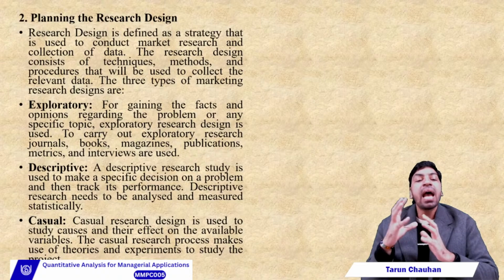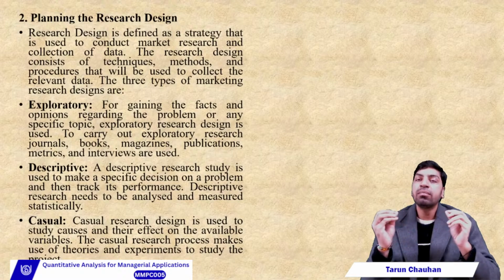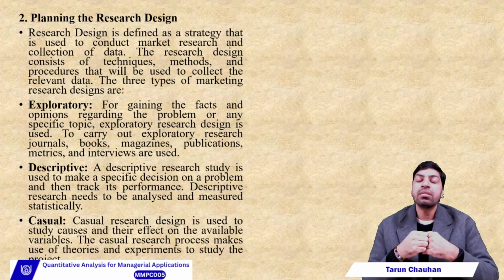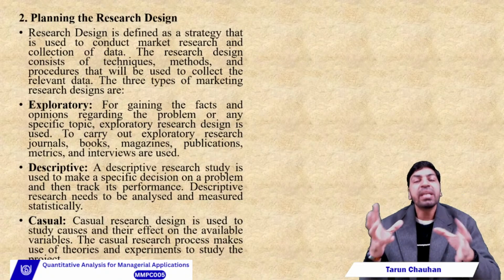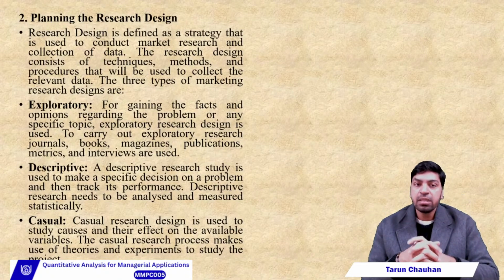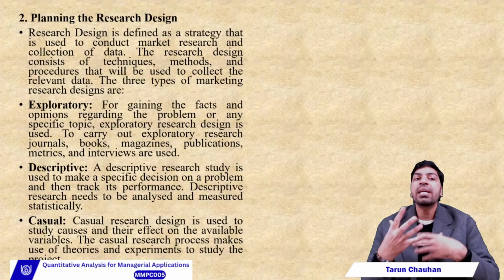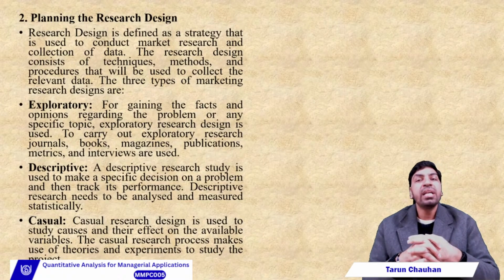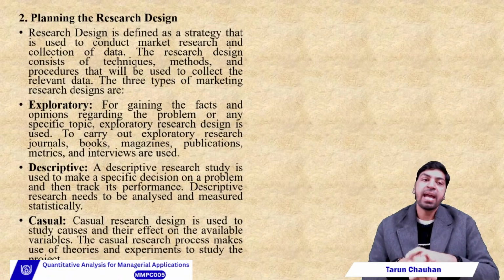That means the causal research design process uses various existing theories and experiments to study the project. So this is how these types of research designs could be used for your research related to marketing issues and concerns.